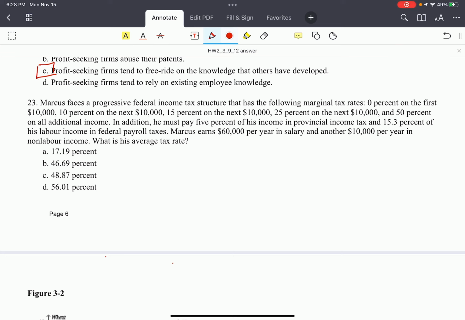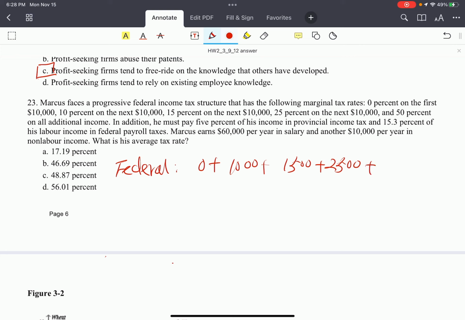So we need to first calculate the total tax paid by Marcus, and we have 3 components here. The first component is federal tax. The total income of Marcus is $70,000. For the first $10,000, he pays 0. Then he pays 1,000. Then it's 1,500. Next, it should be 2,500.